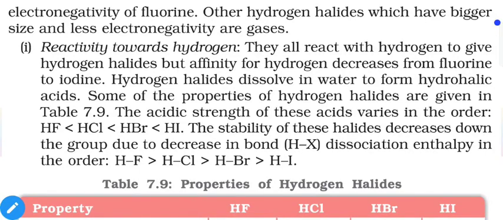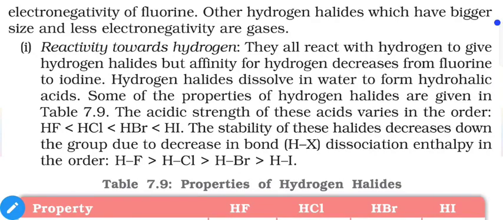The stability of these halides decreases down the group due to the decrease in bond dissociation enthalpy in the order HF is greater than HCl, greater than HBr, greater than HI. So again the same logic can be applied. Because of stronger attraction between H and F, its bond dissociation enthalpy is higher, and that's why it is more stable.